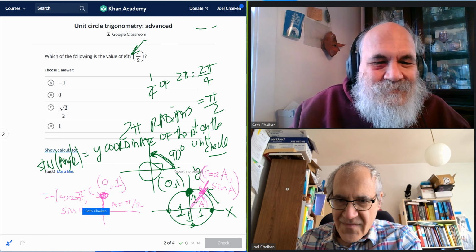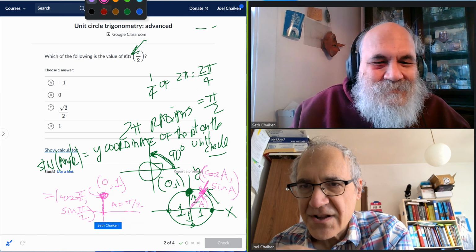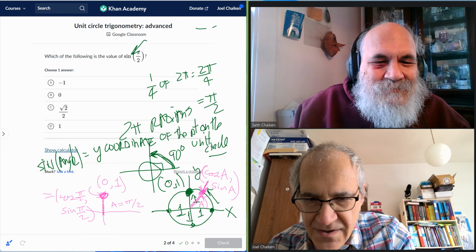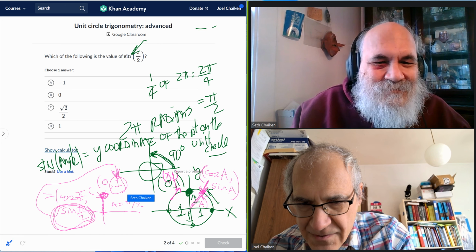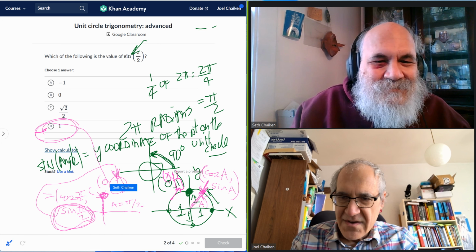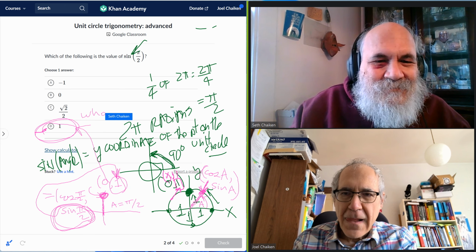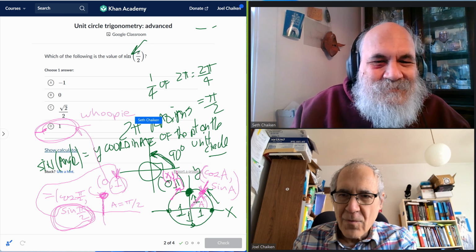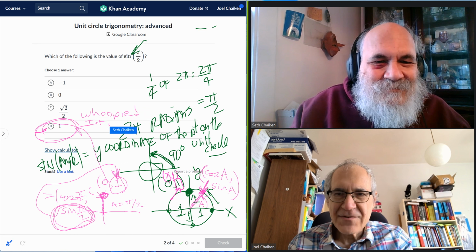So the y coordinate of the unit circle point, x, y, is 1, which means that the sine is equal to 1. Exactly, that equals 1.